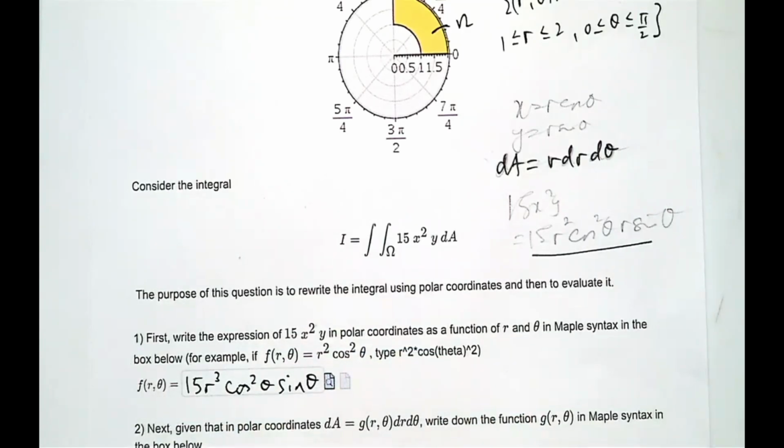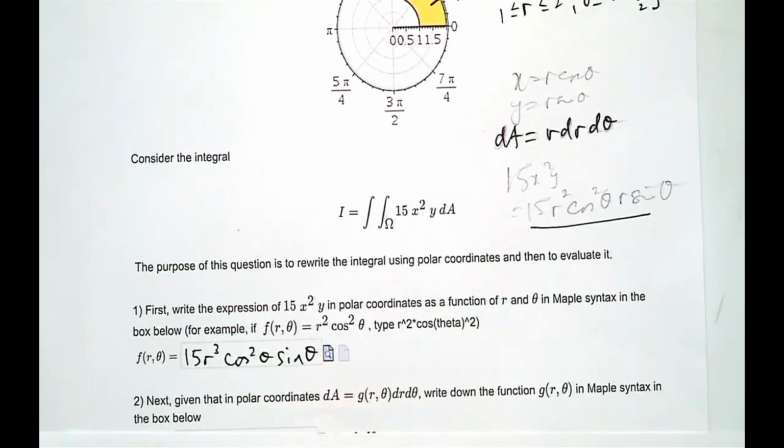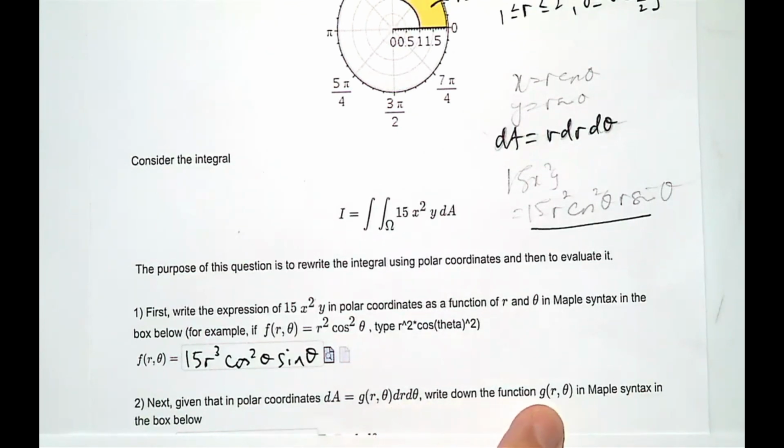First, write the expression in polar coordinates as a function of r and theta. So this would be something like 15 r cubed cos squared. You just got to watch the syntax. Now this is a bit of a tricky one. They're trying to trick you in part 2. Next, given that in polar coordinates the area element is a function of r and theta, write down the function in Maple syntax below.